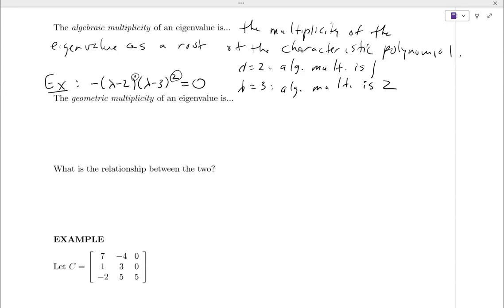That's what we mean by its multiplicity as a root of the polynomial. It's that power on the factor that you see. For geometric multiplicity, that's the dimension of the eigenspace associated with the eigenvalue.